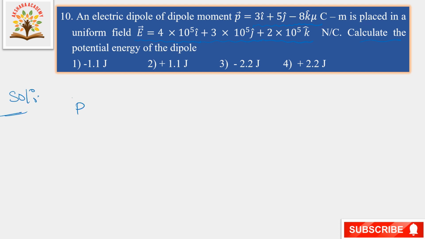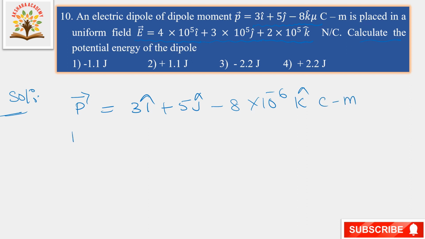Given P bar is equal to 3 i cap plus 5 j cap minus 8 k cap. Here they have given microcoulomb meter. Now, converting into coulombs, it is 10 to the power of minus 6 coulomb meter.